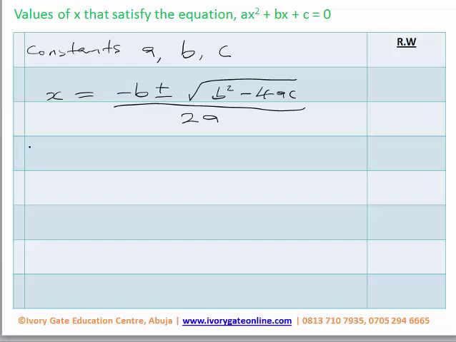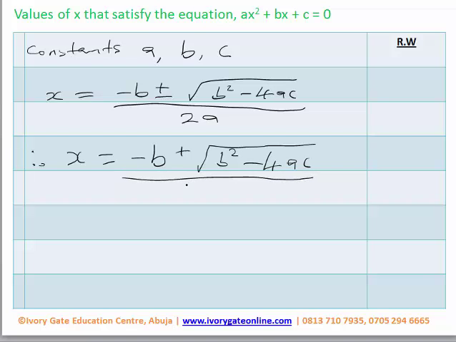Now this means that x has two values. First value of x, we now say x is equal to minus b plus square root of b squared minus 4ac, all over 2a.